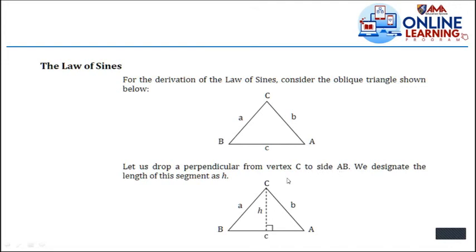We designate the length of this segment as h, or your height. So we divide the oblique triangle in order to form two right triangles.